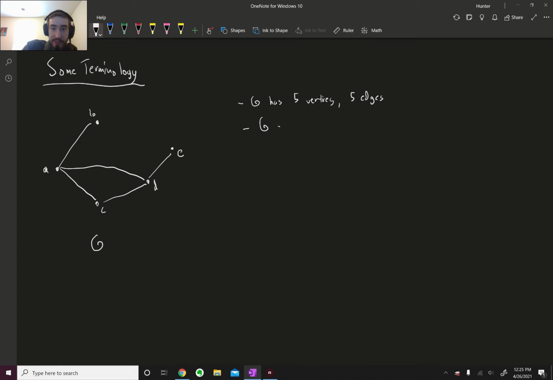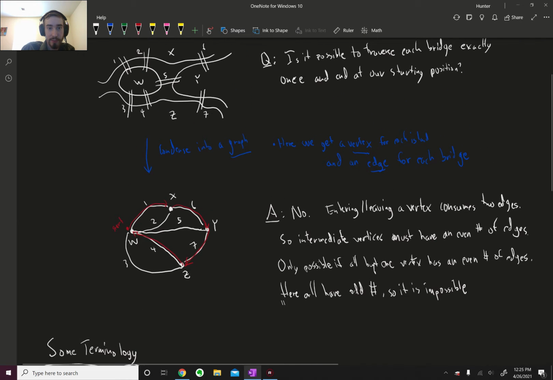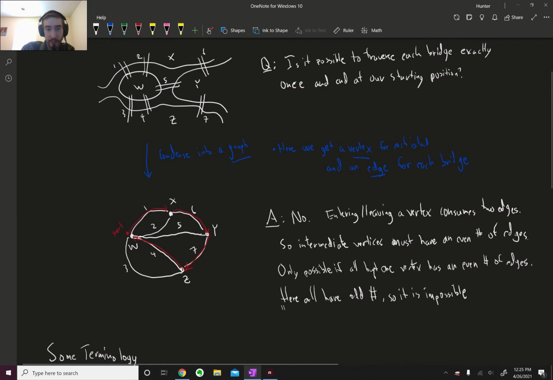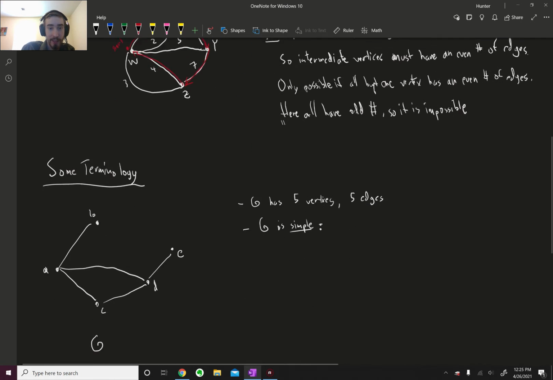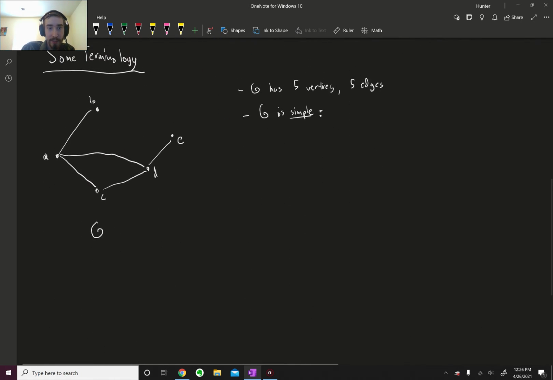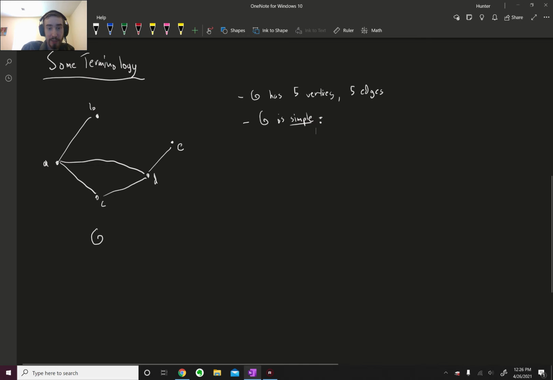This is what we call a simple graph. In the Königsberg problem, we had a graph that had multiple edges between 2 vertices. We saw, for example, here, there are 2 edges that connect vertices W and X. In this graph G on the left, each pair of vertices has at most 1 edge between them.